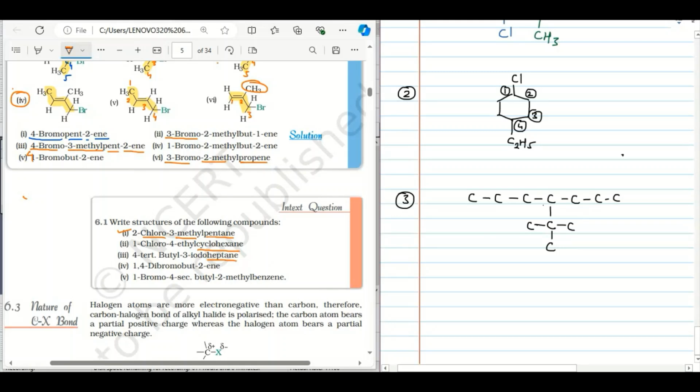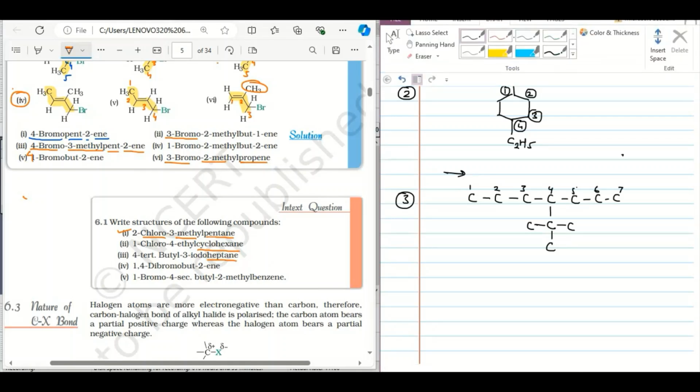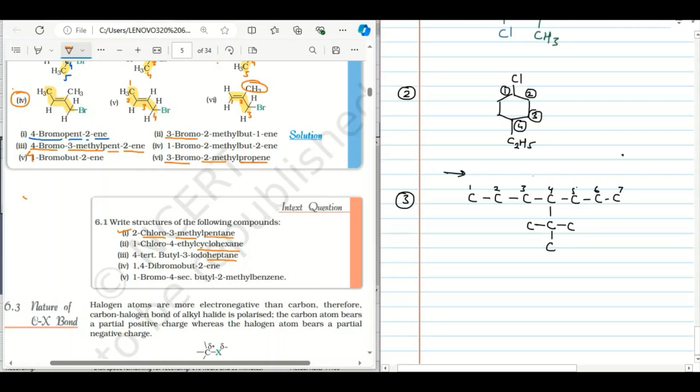At 3rd position, iodo is there. So here you have to count from either direction. So if we count from this direction, this will be 1, 2, 3, 4, 5, 6 and 7. So at 3rd position, iodo group is there. So iodine is here.